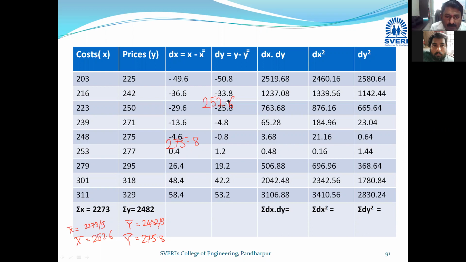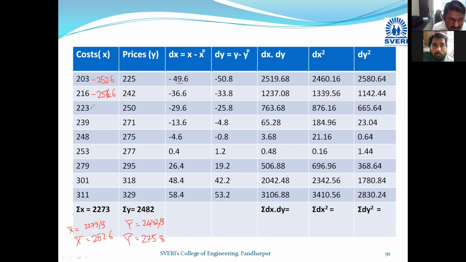Friends, now we have to calculate all these. So dx, first case, X minus X bar: 203 minus 252.6. You will get the answer minus 49.6. 216 minus X bar, 252.6. You will get minus 36.6.